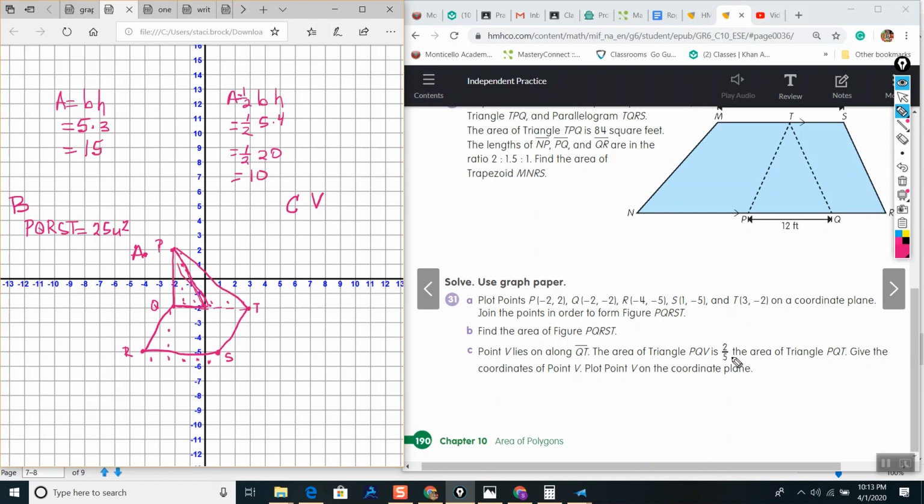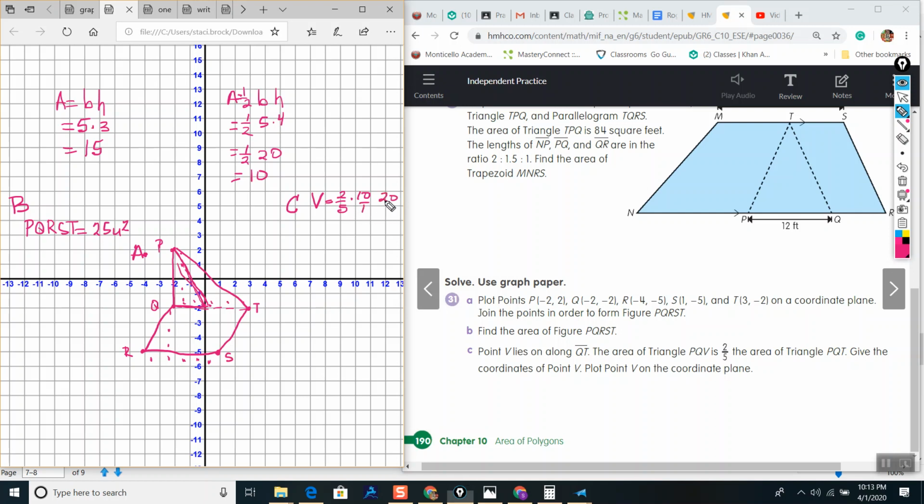So it says that it is 2/5 of the area of the other triangle. Well, that's this right here. Okay, so V is equal to 2/5, wherever it is, of that area. Okay, so 2/5 of, multiply, of 10, 2/5 of that area of 10. Okay, so I'm just going to change that into a fraction.